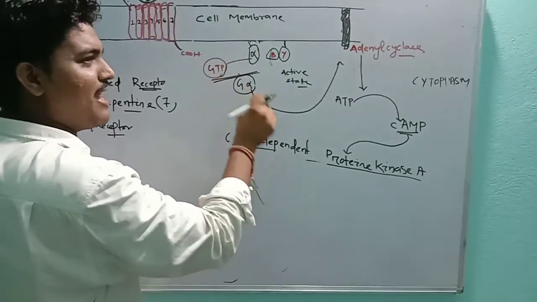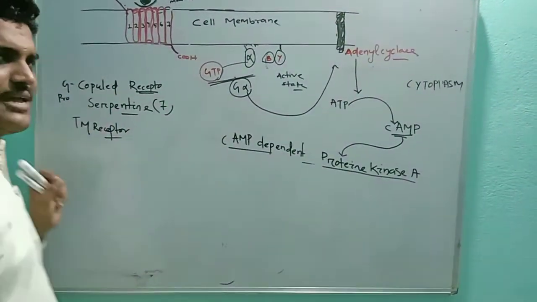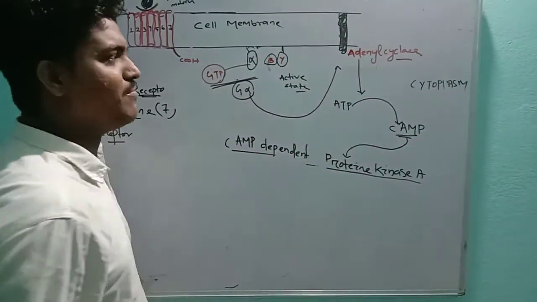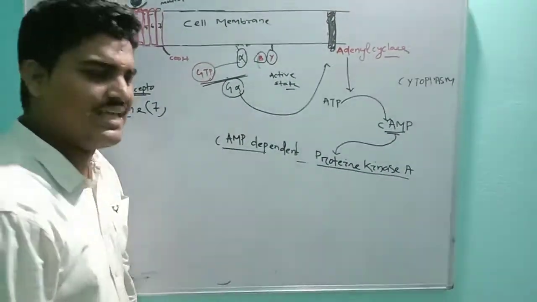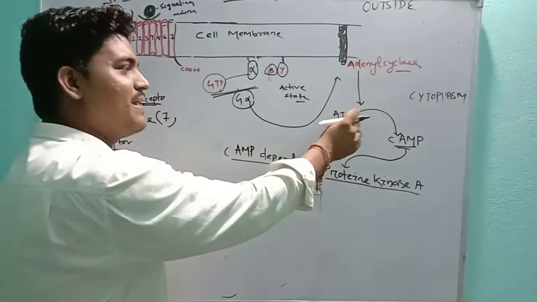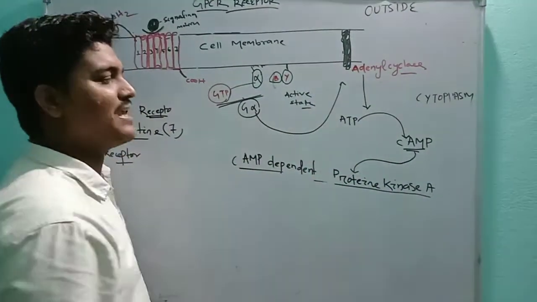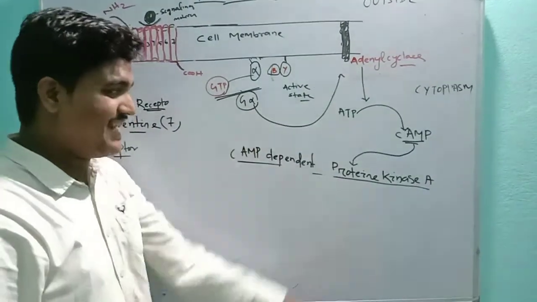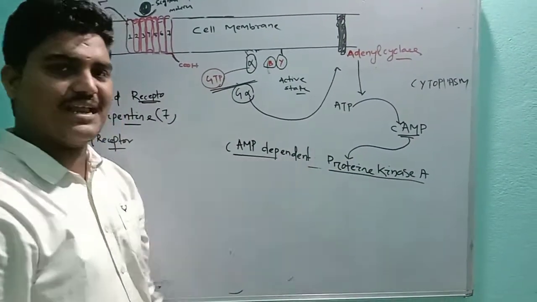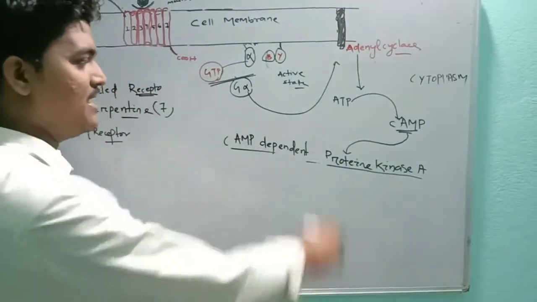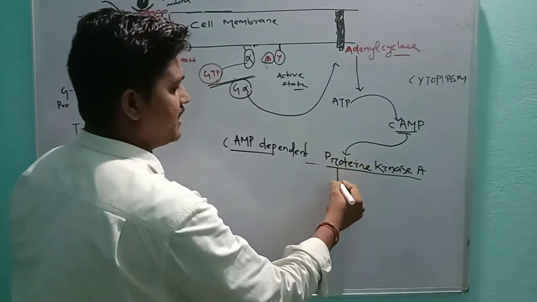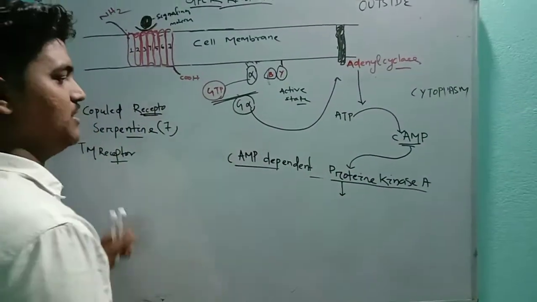This G alpha now stimulates another membrane-bound enzyme, adenyl cyclase. Adenyl cyclase breaks ATP into cyclic AMP, and cyclic AMP stimulates protein kinase A, the cyclic AMP dependent protein kinase.